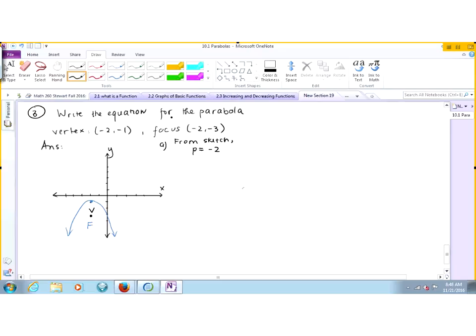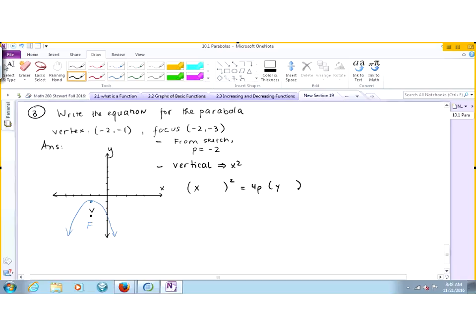Vertical. Do we use x squared or y squared? Vertical, so x squared. This is how I'm going to prepare this: x squared is equal to 4py.